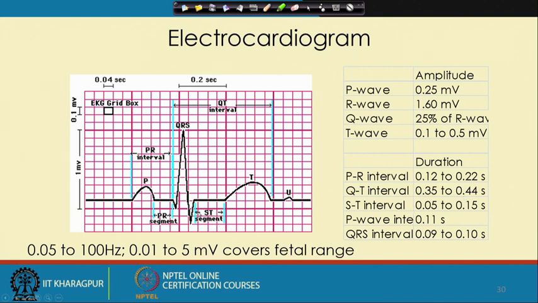Within that, where it remains in the compressed state, that is the ST segment, it is 0.05 to 0.15 second.